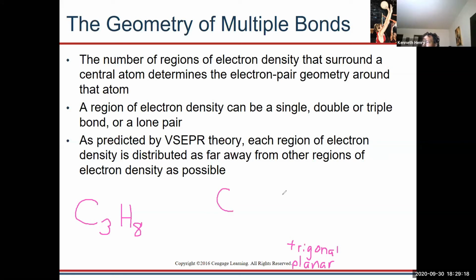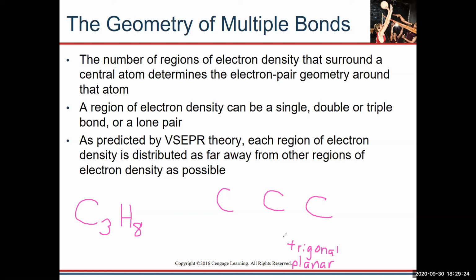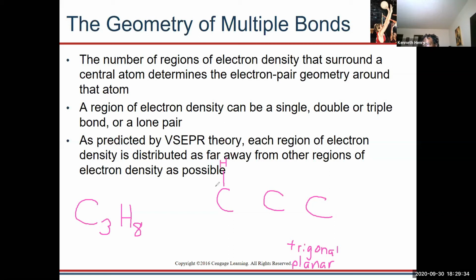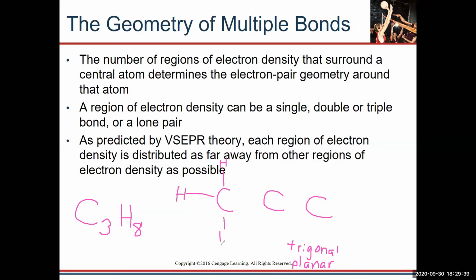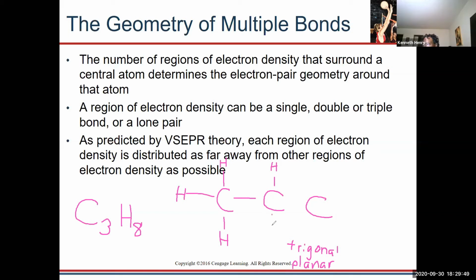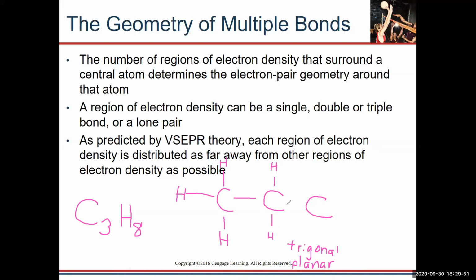So I have my 3 carbons in the middle. The first carbon is going to have 3 hydrogens. The second one will bond to the other carbon, and then will have 2, one on top and one at the bottom. And then the last one will have 3 as well, just like the first one.